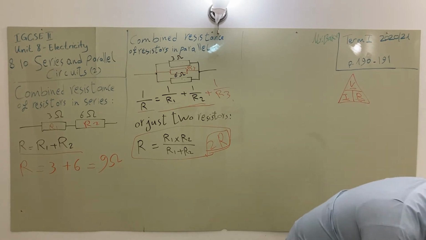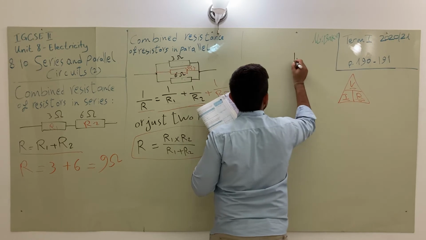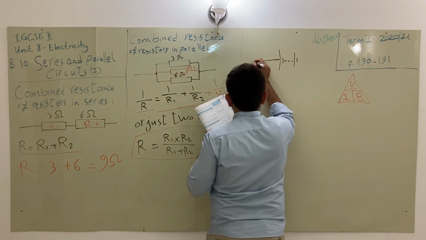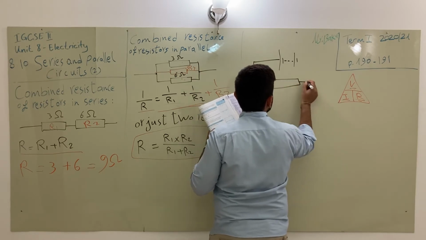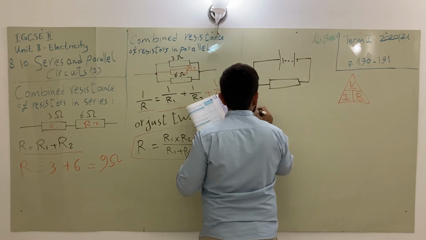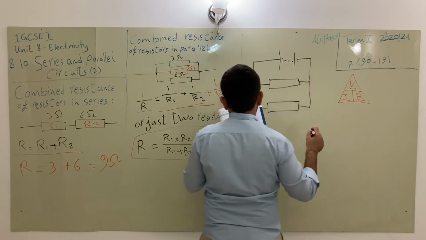Now you see the example 2, so we together, we have a battery and two resistors in parallel.